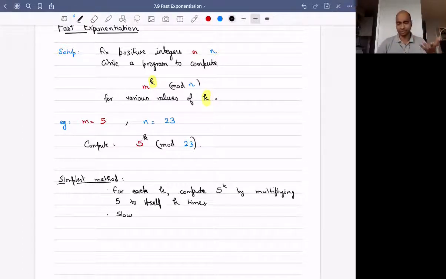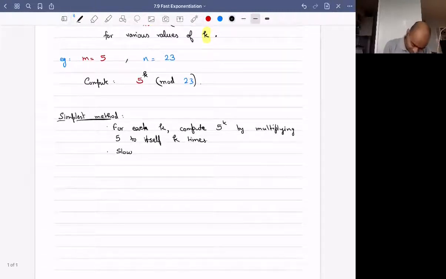And so the key is that instead of having to compute a power of 5 every time starting from scratch, I remember some powers of 5. So the fastest method, which is not very practical, is to store all values.